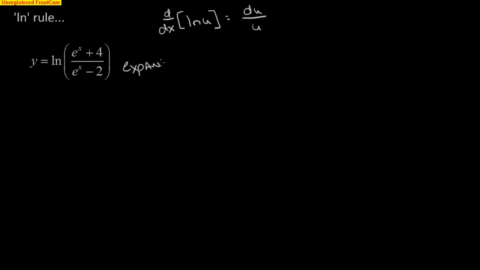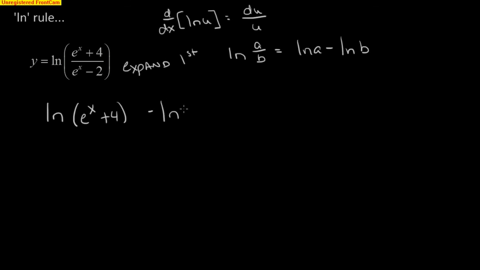We want to expand this first with the quotient property. And remember, if I got the natural log of a divided by b, that's the same as the natural log of a minus the natural log of b. So I'm going to write this as the natural log of e to the x plus 4 minus the natural log of e to the x minus 2. So we've expanded there first, so that's what y is equal to.